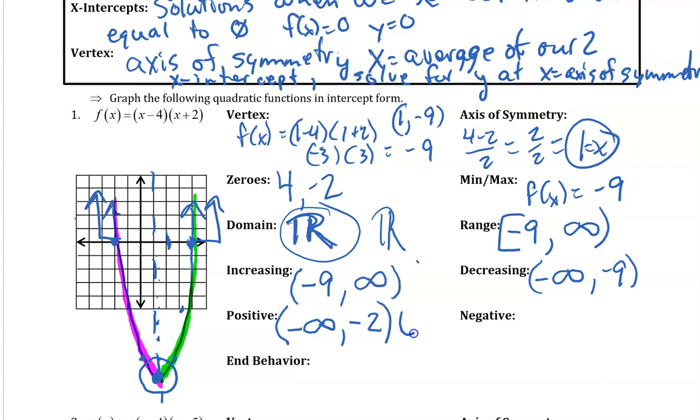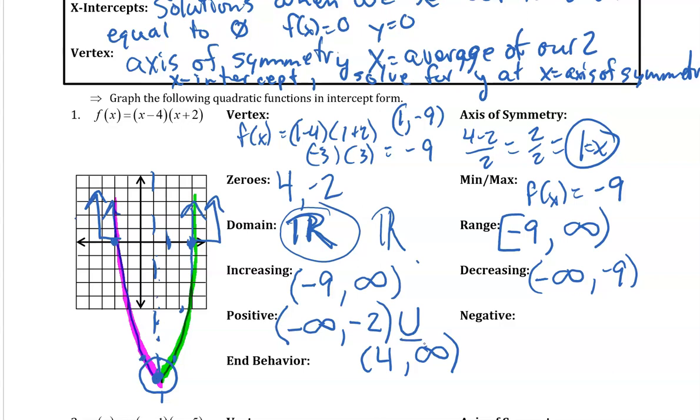It's also positive from positive 4 to positive infinity. So I use this U. It's a union of two sets. The set of all real numbers between negative infinity and negative 2, and the set of all real numbers between 4 and positive infinity, not inclusive.